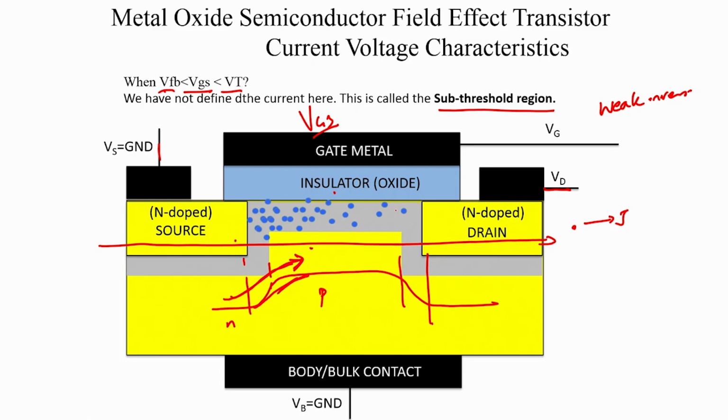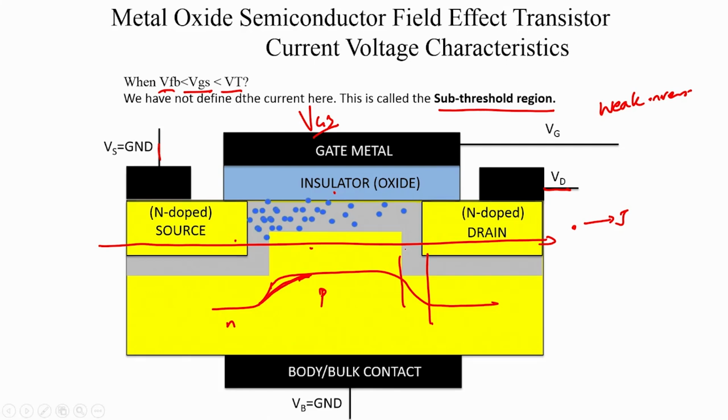But under weak inversion, the VGS is so small that we cannot make that assumption anymore. So, you do have some suppression near the source side. You have more suppression of the barrier near the source side and lesser near the drain side.